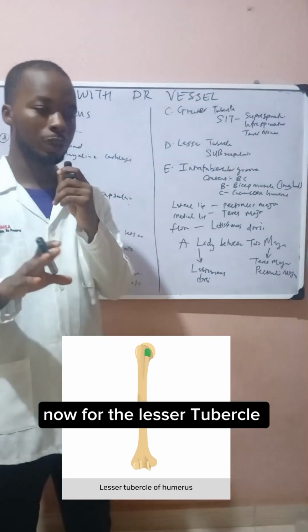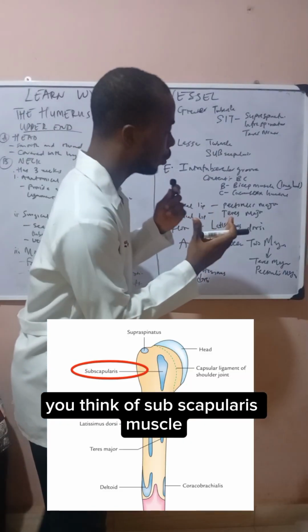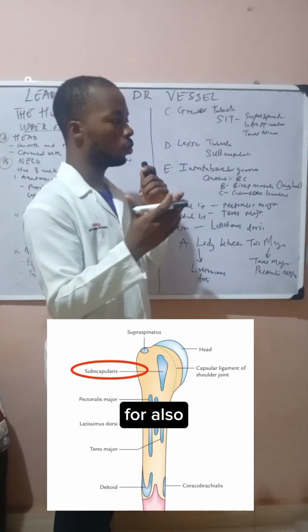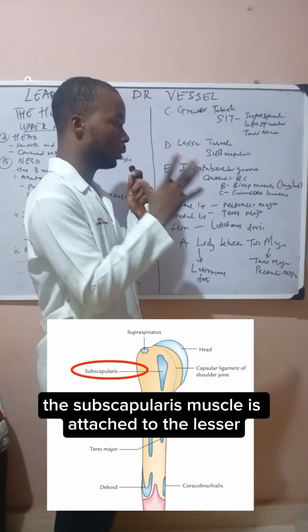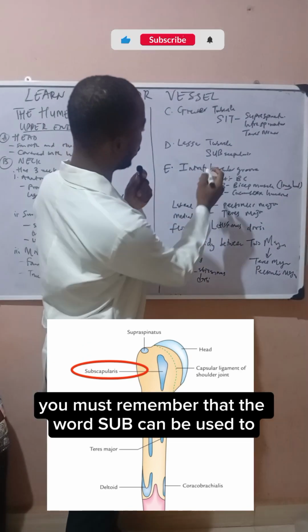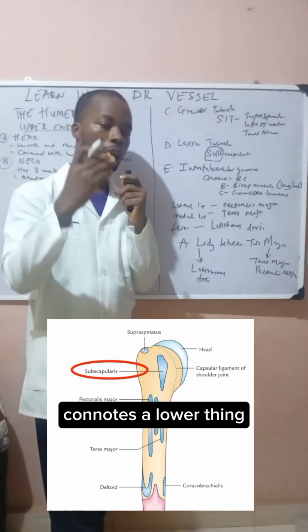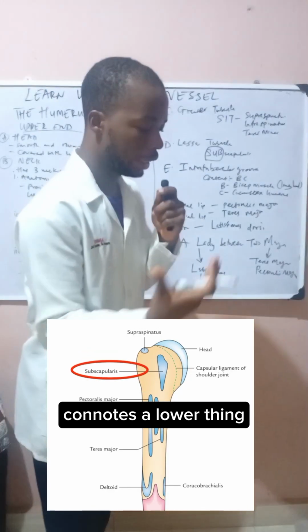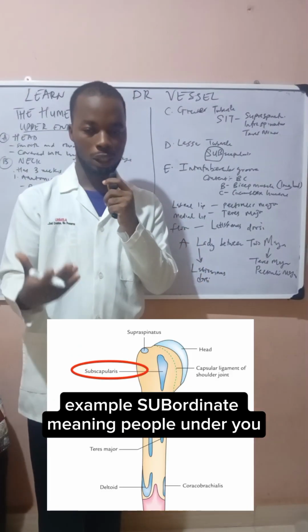Now for the lesser tubercle, you think of subscapularis muscle. Also remember that the subscapularis muscle is attached to the lesser tubercle. You must remember that the word sub can be used to connote a lower thing. Example: subordinate, people low under you.